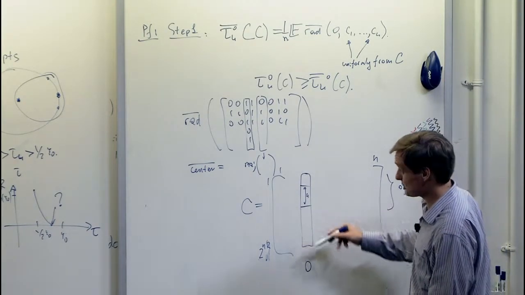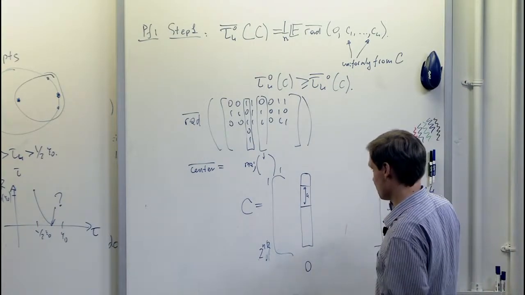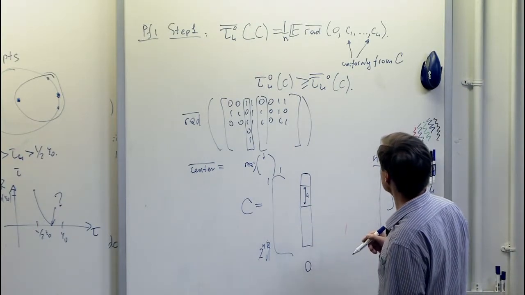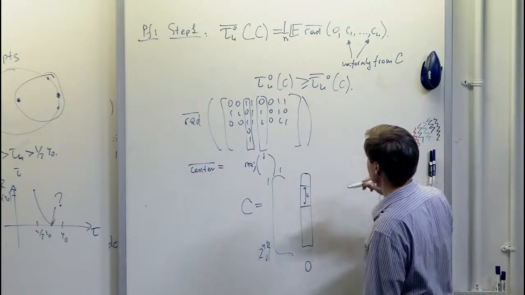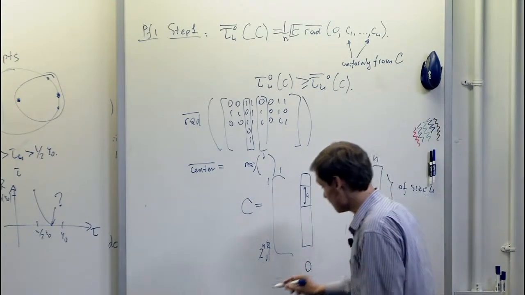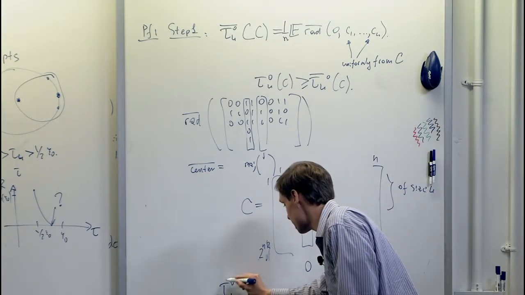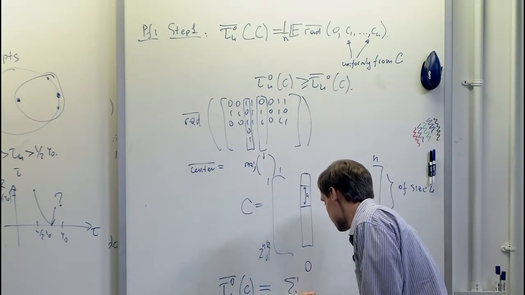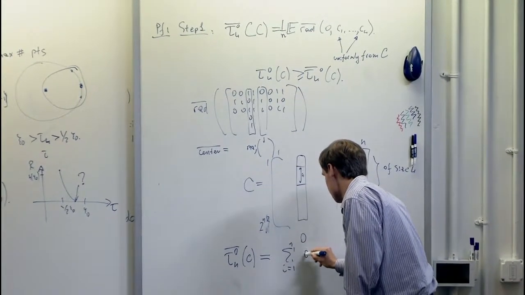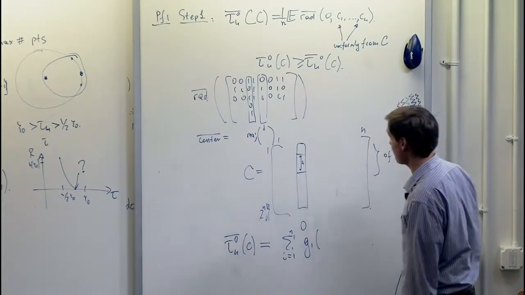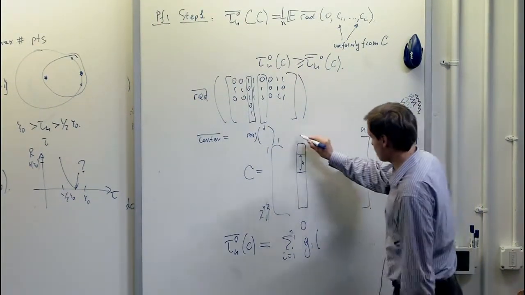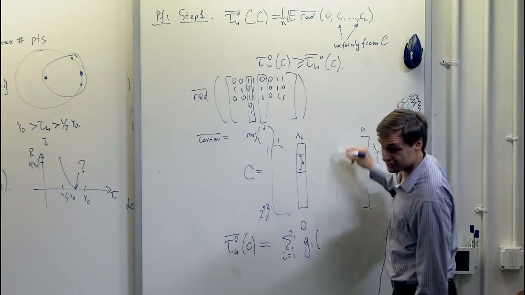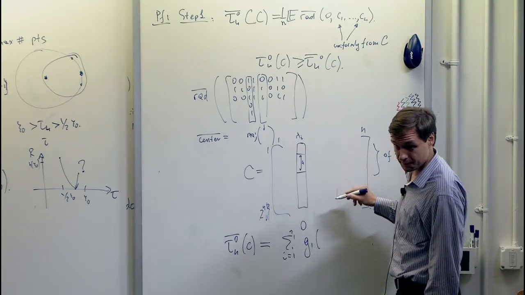It's very easy to verify that this expectation is exactly equal to the sum over i from 1 to n of G1. Let's define the density of ones in the ith column to be lambda i.